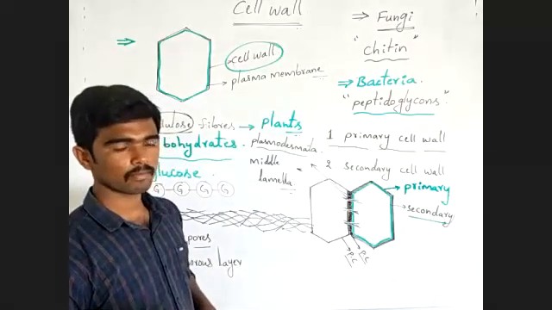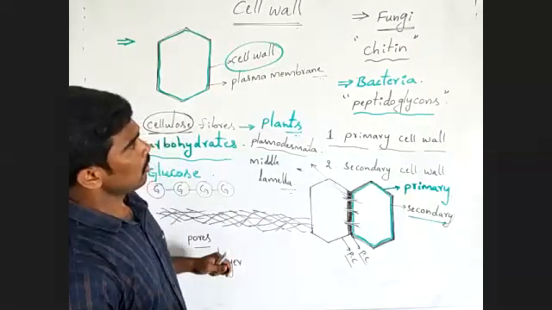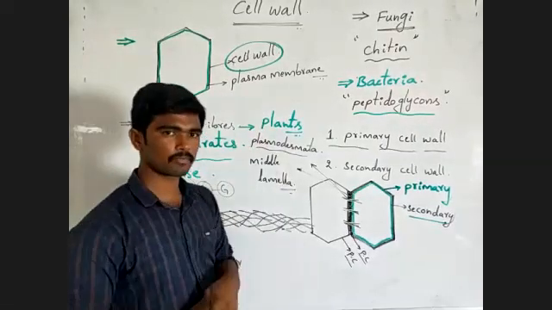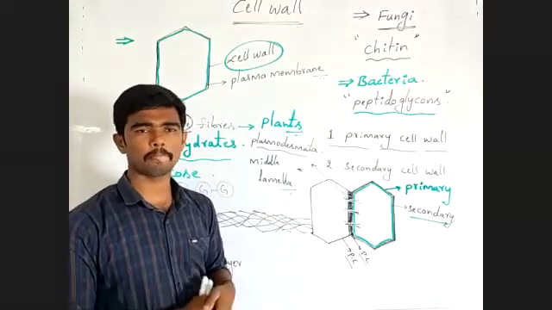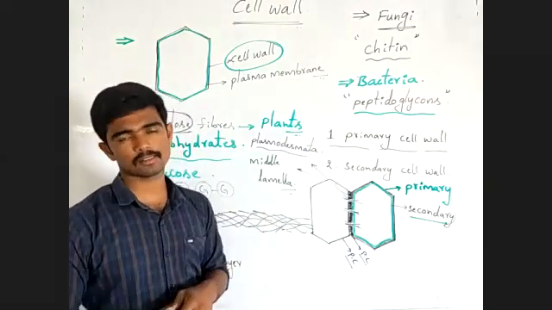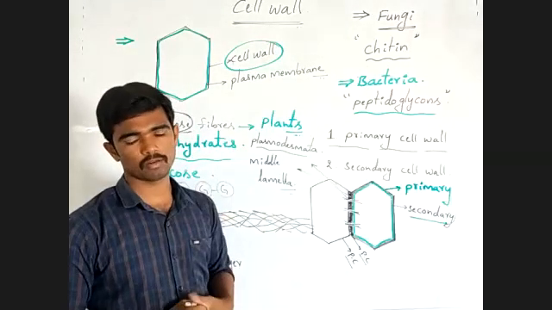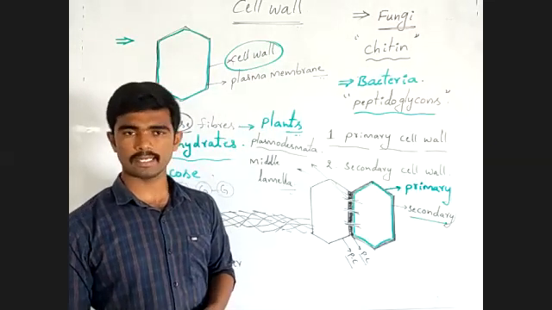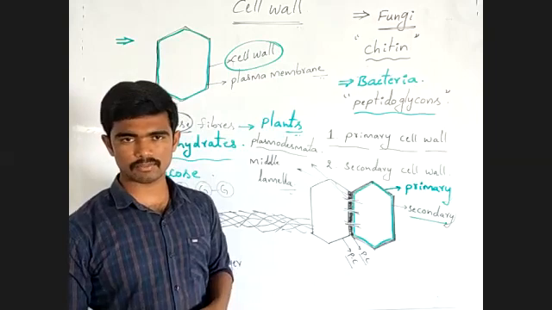Understanding? Who discovered the cell wall? Already we discussed: the cell wall was discovered by Robert Hooke in the year 1665.